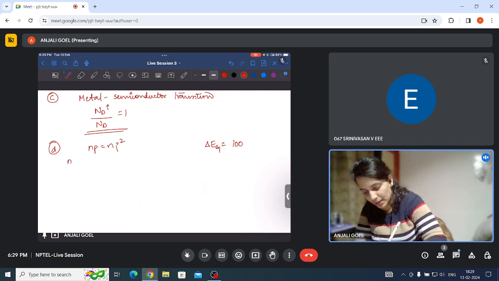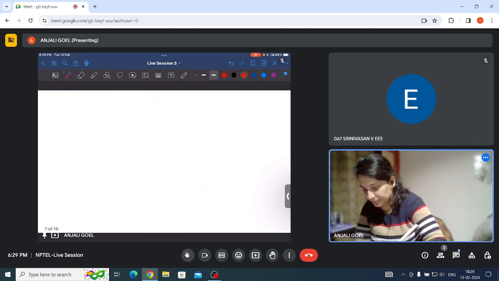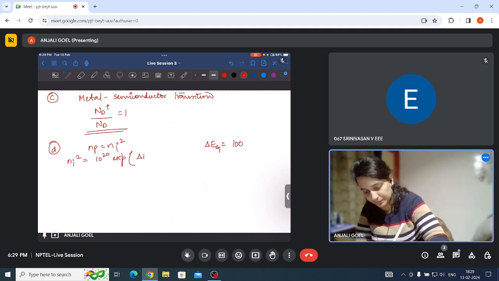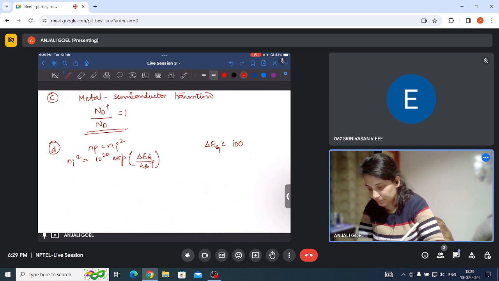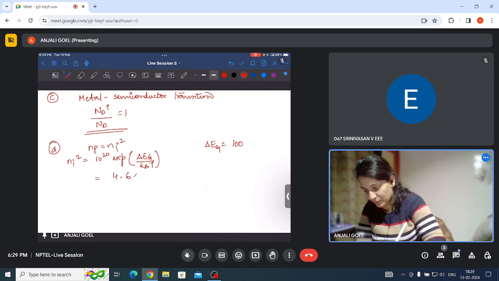I'll solve the ni square. So this will come out to be 4.68 into 10 raised to 21.